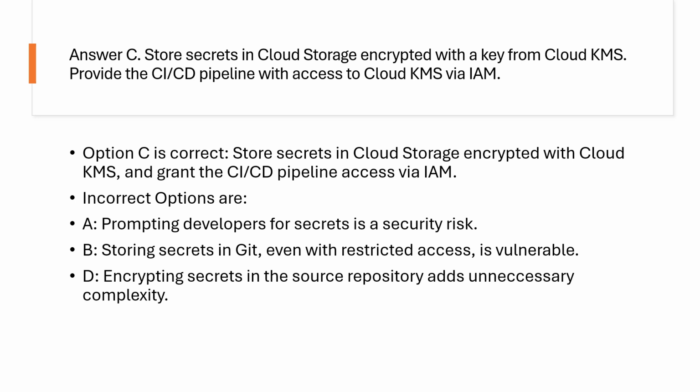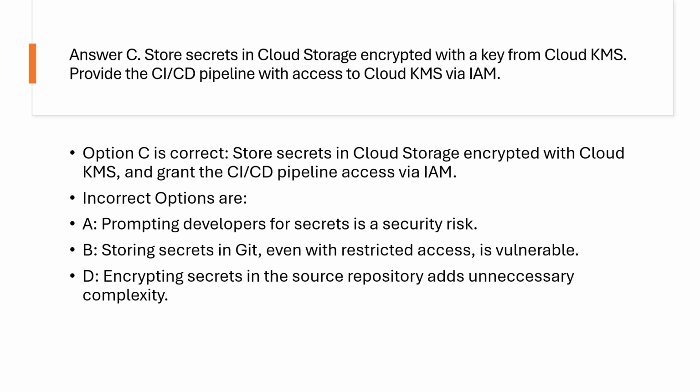Option A, prompting developers for secrets, is a major security risk. You're exposing secrets to developers and relying on manual input, which is prone to errors. Option B, storing secrets in a separate Git configuration file, still leaves them vulnerable, even with limited access. Git repositories can be compromised.